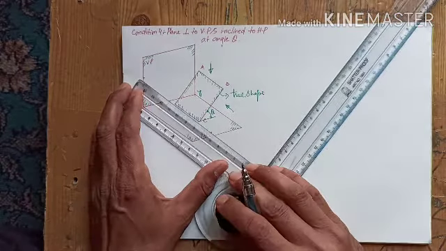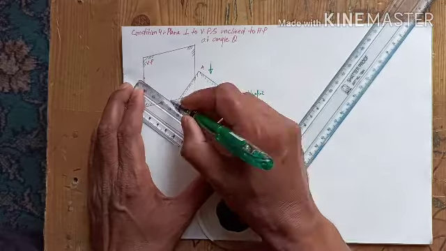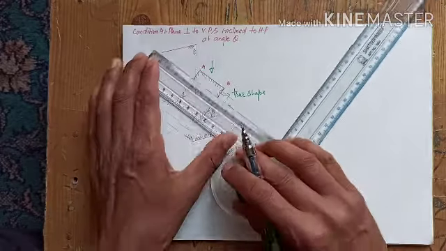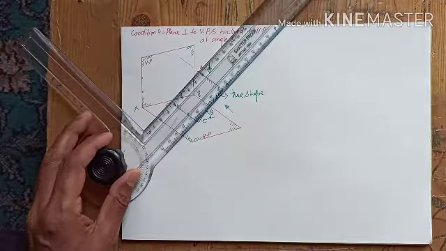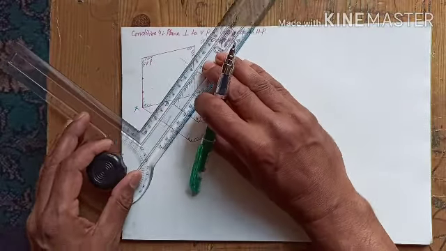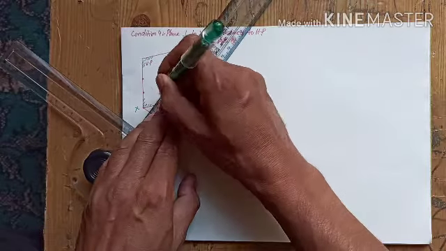So let me draw that line. If we produce this, a line can be seen on the VP.